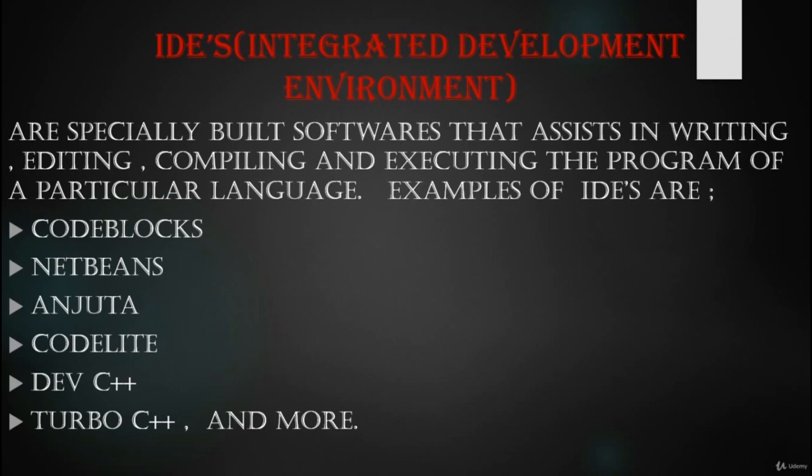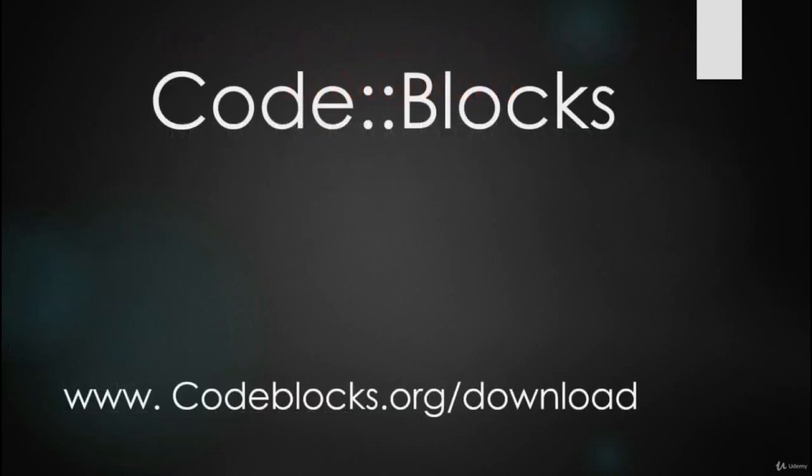But in this course, we will be using CodeBlocks, and CodeBlocks can be obtained freely on their website, www.codeblocks.org/download. And after successfully downloading your CodeBlocks, we will start to build our first C program after we have launched our CodeBlocks.